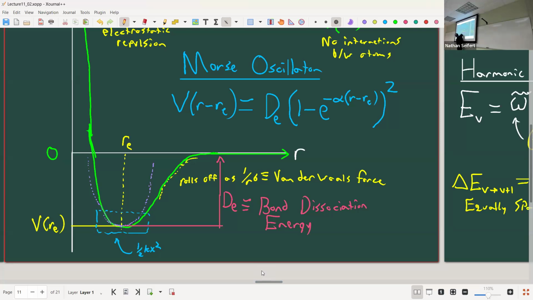It has less of a slope on this side than it does on this side. So in some sense, the system prefers to be on the right side, because this is less energy, more energetically favorable. There's less of a penalty to stretch the bond than to compress it. So the system tends to exist somewhere off R sub E, the mean of the wave function somewhere over here.